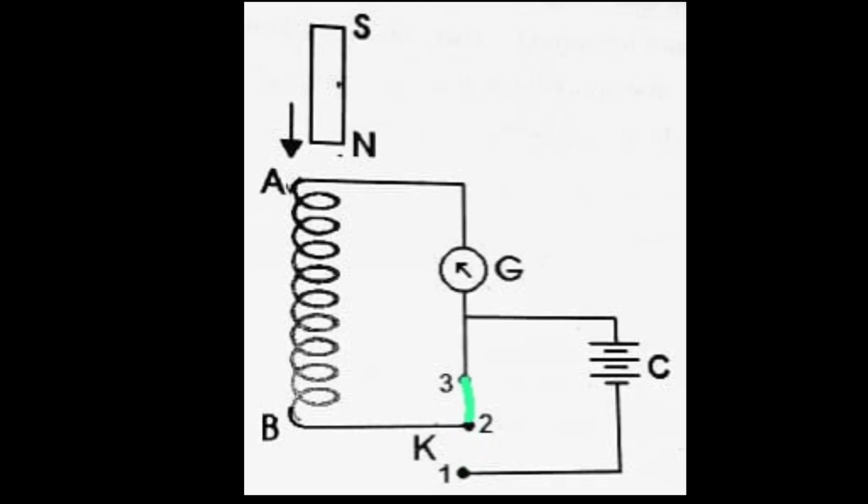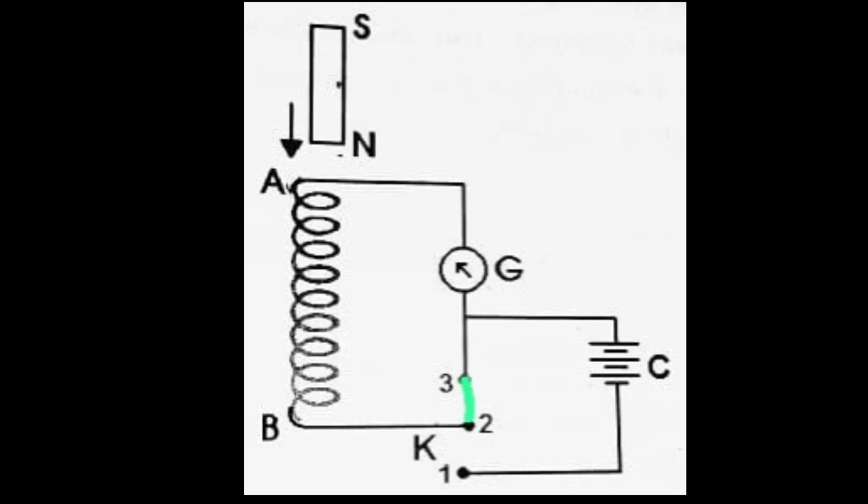Now we go further to step number 2. Remove the plug from 1 and 2 and insert it between points 2 and 3. The battery does not send any current in the coil because now the battery is unplugged. Now move a bar magnet towards the coil with its north pole pointing towards the coil.